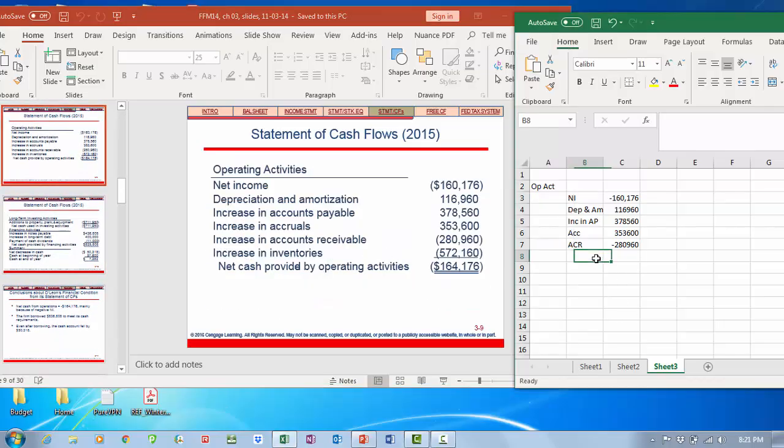And then increase in inventory, again, the same logic applies. The higher inventory, the more cash that's blocked, and that's why that's a negative number. So again, you can take 2014 and minus 2015 number from it, and you'll get this number, 572. Let me put a negative sign, 572,160.